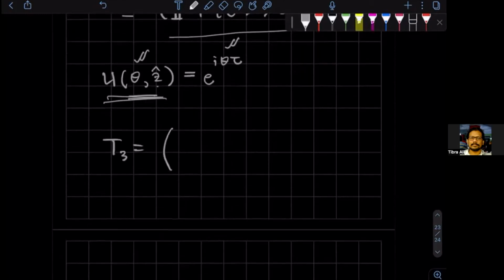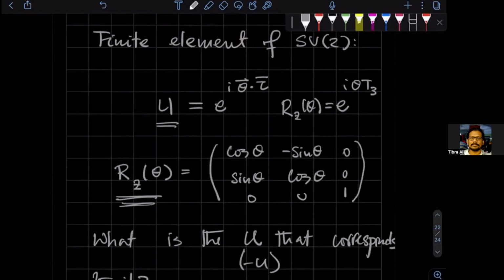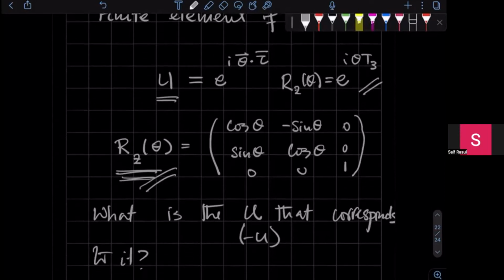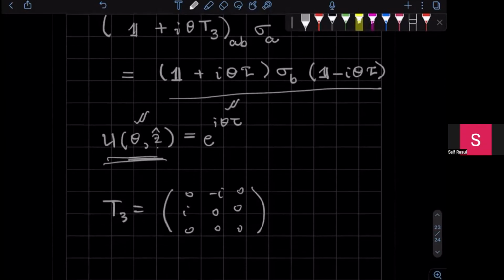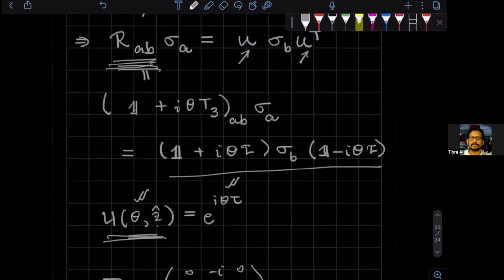T3 will be 0, minus i, 0, and so on. So when you exponentiate this, you should get to this matrix, if you plug that in. Okay, I got it. So this is just the infinitesimal version of this.